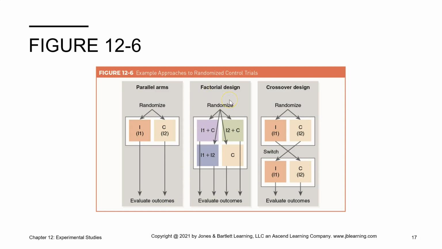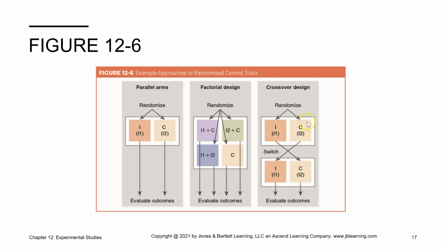A factorial design has the different components in it. So you may have intervention 1 and a control, and then intervention 2 and a control, then you may have both interventions, and then you may have just the control here.